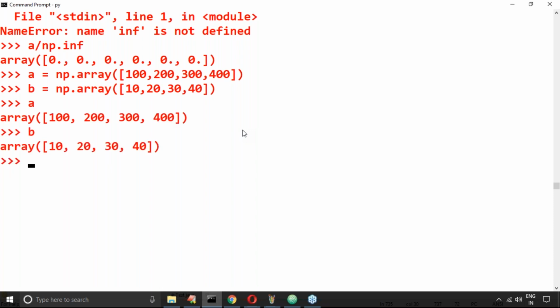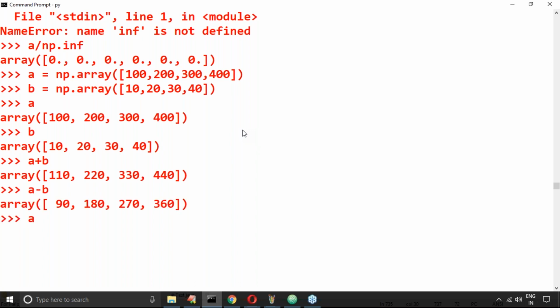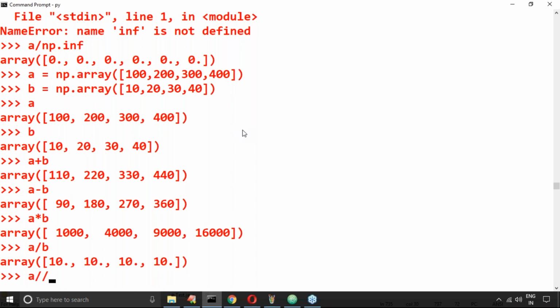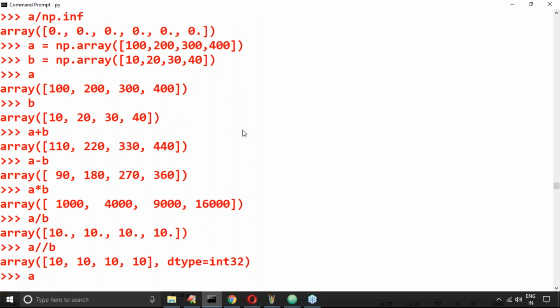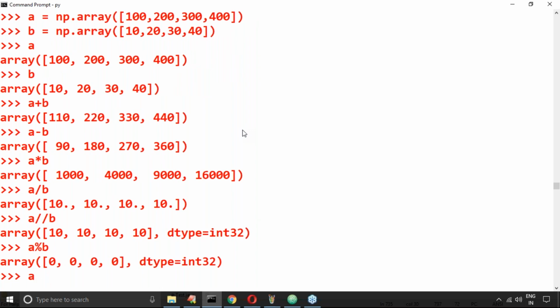Both arrays are ready. Now A plus B, A minus B, A into B, A divide by B, A floor division B, A percentage B, A power B. Here take very special care, I want to tell something about A power B.